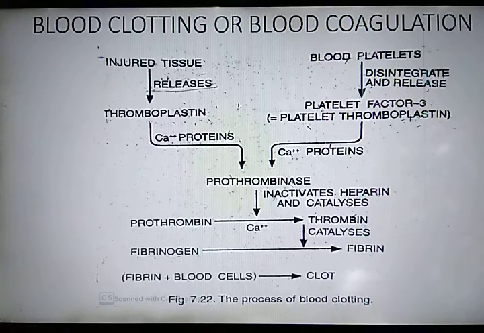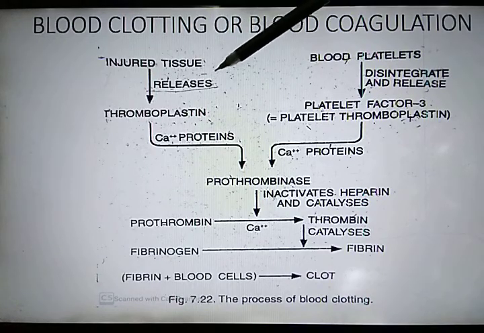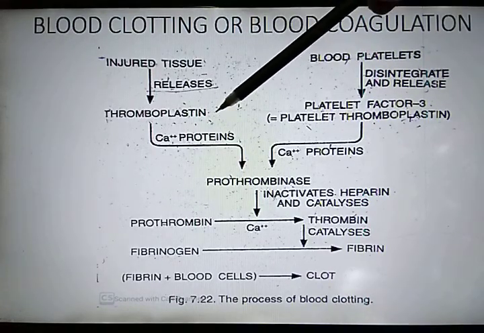And this process, blood clotting or blood coagulation, consists of three major steps. Step 1. At the site of injury, blood platelets, do you remember, they are a part of the blood cells present in the blood. So platelets present in the blood disintegrate and release platelet thromboplastin. On the other hand, injured tissue also releases thromboplastin.